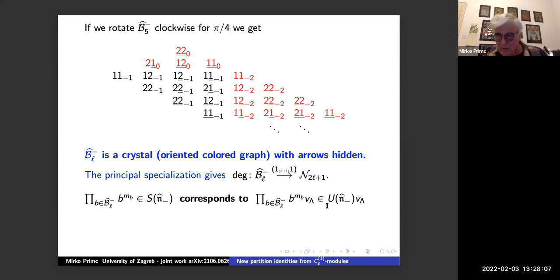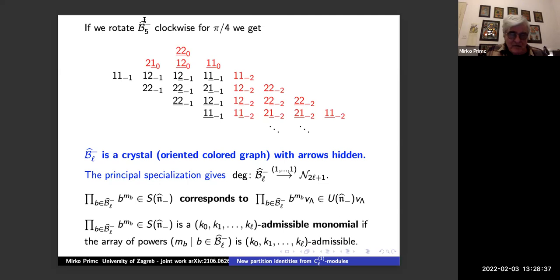A little problem, or big problem, is that the universal enveloping algebra is not commutative. So when possible, we think about these monomials in the symmetric algebra of the Lie algebra, in these basis elements of the basis B of L minus hat.